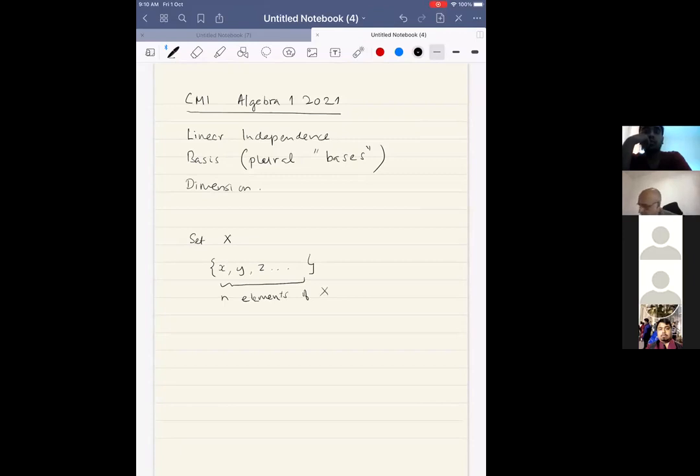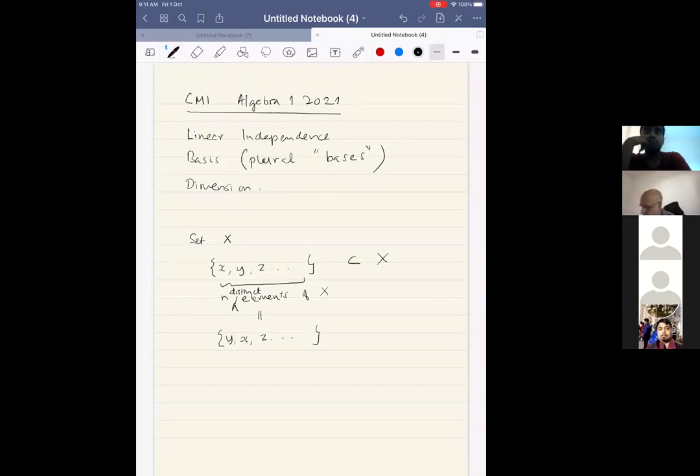So this is just a subset of X, and clearly this is just a way of listing the elements in the subset. So as a subset, this is the same thing as Y, X, Z, etc. Except that when I list these it's understood these are distinct elements, n distinct elements. Okay, so this is called a subset with n elements.